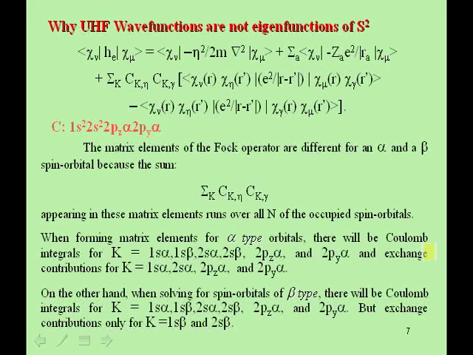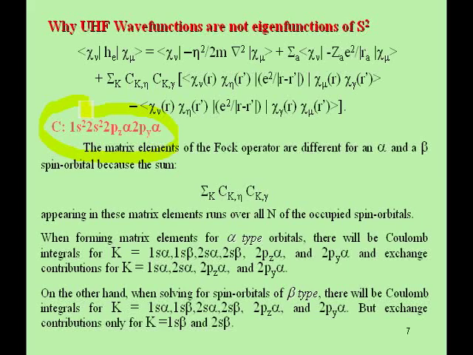Okay, now I just want to remind you of something about unrestricted Hartree-Fock calculations. What's different about them, and why are they not eigenfunctions of S squared? So suppose you have an open shell situation. For example, as indicated in this slide, it might be the 1s squared, 2s squared, 2px alpha, 2py alpha carbon atom. That's an open shell. It has more alpha electrons than beta electrons.